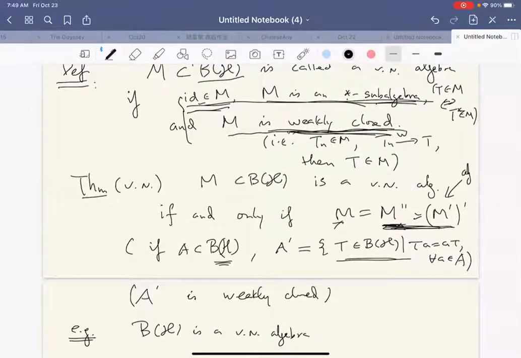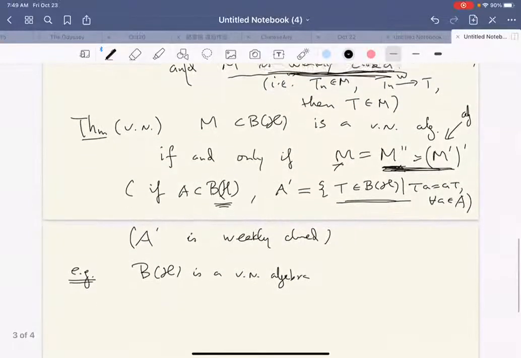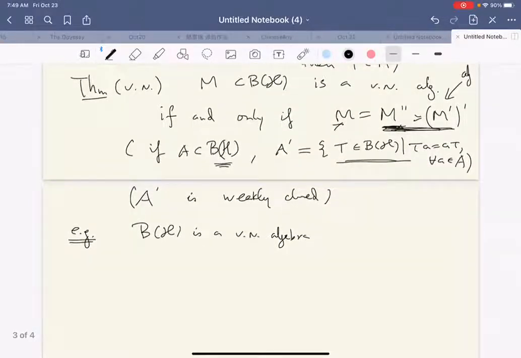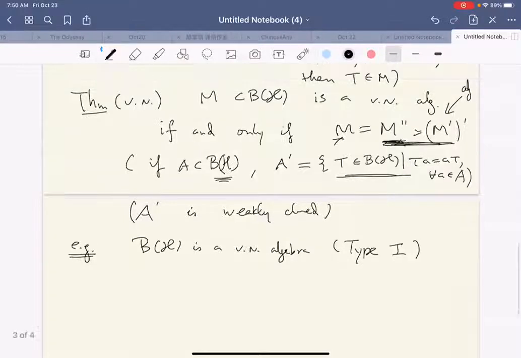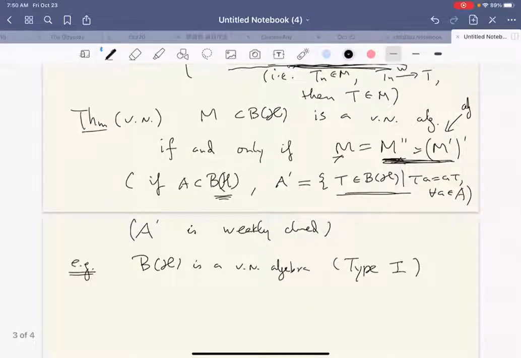Weakly closed and so forth. So B of H is a von Neumann algebra, and this is what's called type I. It's like a matrix algebra when H is finite dimensional, and when H is infinite dimensional, it's an infinite algebra, but we think of this as something rather classical. So B of H is a von Neumann algebra.